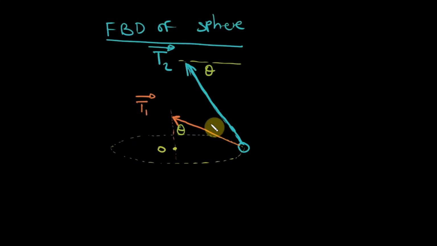So let me break this into its components. From the sphere towards the center, we'll call this our normal axis. Okay, this is our normal axis, and our tangential axis is into the board, perpendicular to our normal axis.